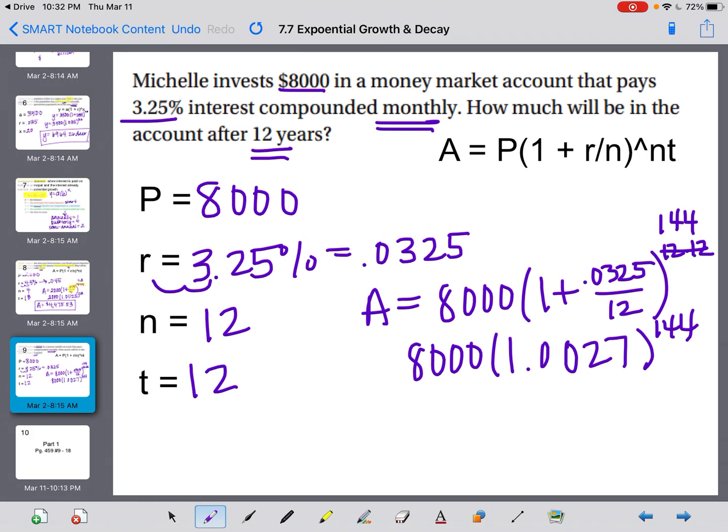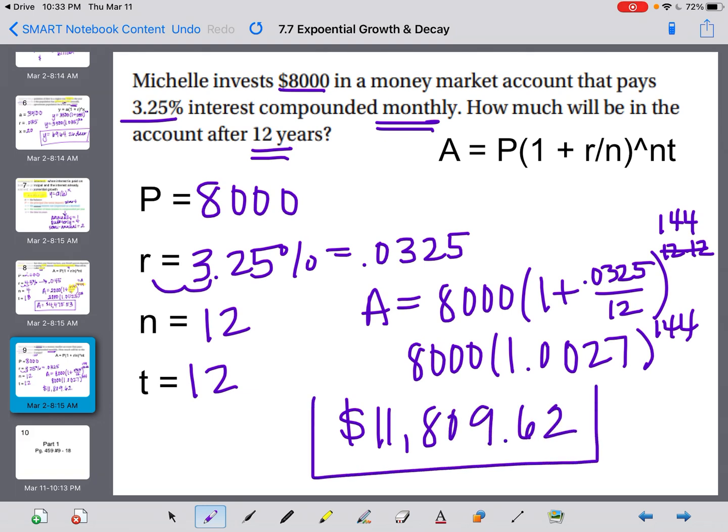Okay, raise that to the 144th power and multiply it by 8,000. That tells me that in that account 12 years later, there will be $11,809.62.